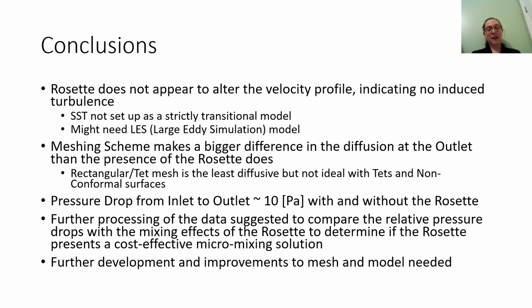Our rectangular tet mesh is the least diffusive of our meshes, but is still not ideal with our tets and non-conformal surfaces. Furthermore, the pressure drop from the inlet to the outlet is about 10 pascals with or without the rosette.